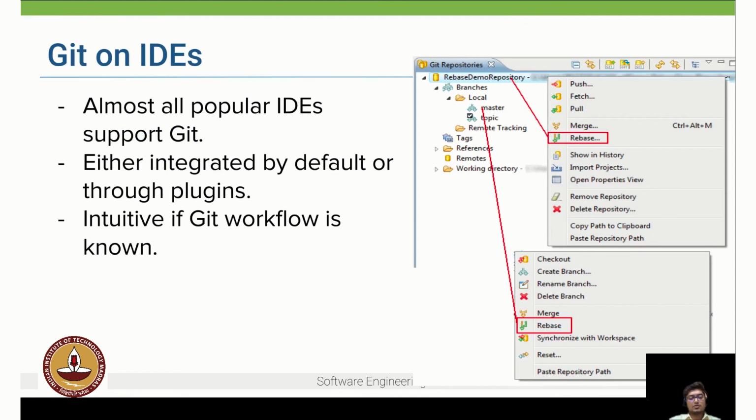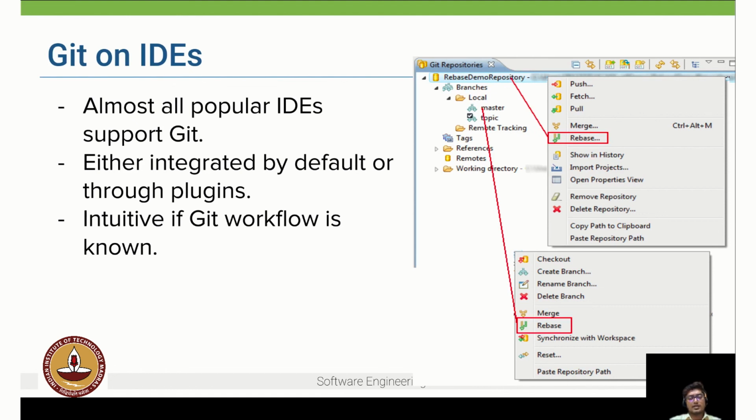Now, just a short introduction on how to use Git on IDEs. Almost all popular IDEs support Git, either integrated by default or through plugins. This is a snapshot taken from the Eclipse IDE. There's a plugin that you can install for Eclipse to work with Git.